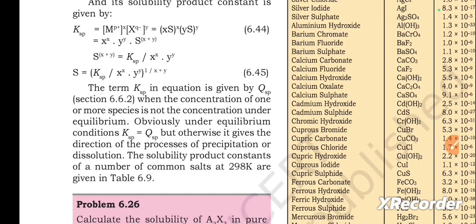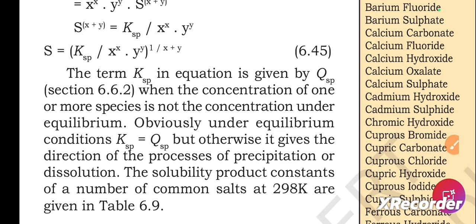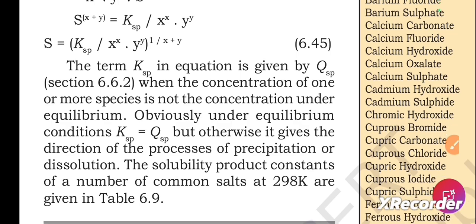The term Ksp in the equation is given by Qsp, section 6.6.2, when the concentration of one or more species is not the concentration under equilibrium. Obviously, under equilibrium conditions, Ksp equals Qsp, but otherwise, it gives the direction of the processes of precipitation or dissolution.